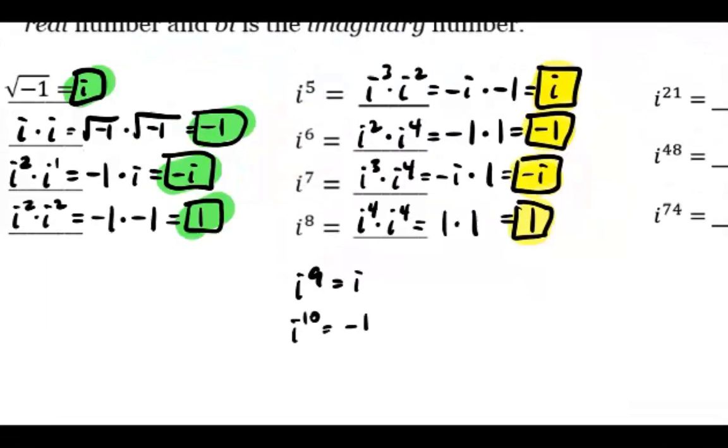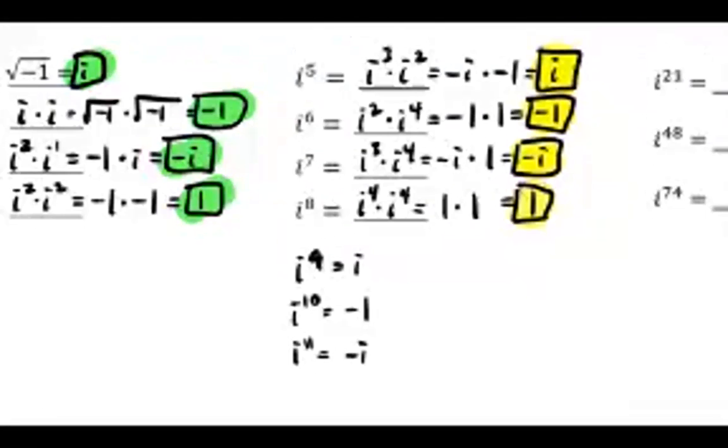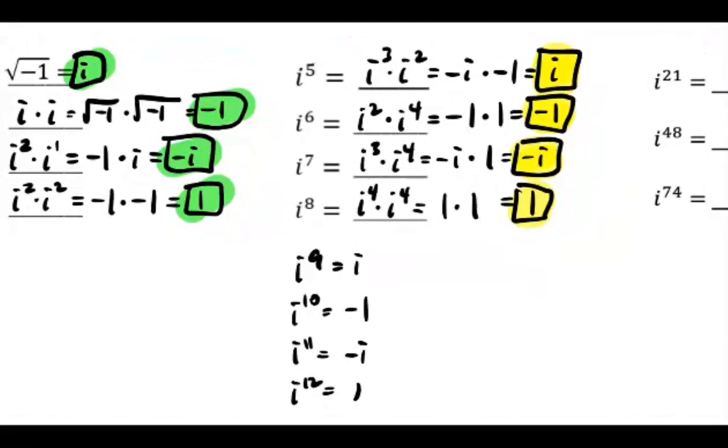Negative 1, good. What is i to the 11th going to be? Negative i. What is i to the 12th going to be? Right? It's a pattern. It repeats. It goes odd and even. And it repeats every 4.